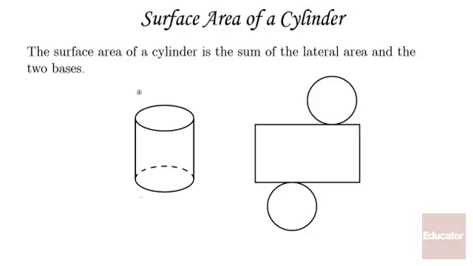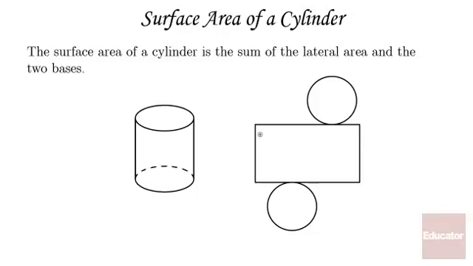Now imagine if this is a soup can of soup. If you were to rip off the label that wraps around the can, so this is the cylinder, if you were to cut it and rip off the label, it becomes a rectangle. So the lateral area, meaning this side that does not include the bases, if you cut it and open it up, becomes a rectangle.